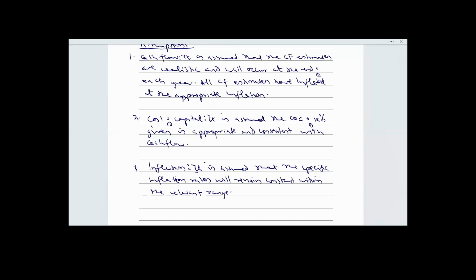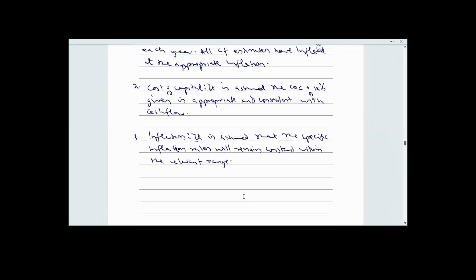Because if your inflation rates on the cost increases, it may impair or change our decision to accept the project. So any other assumptions we have made in the question, we have to consider them. So let's stop at these 3 assumptions. All right.